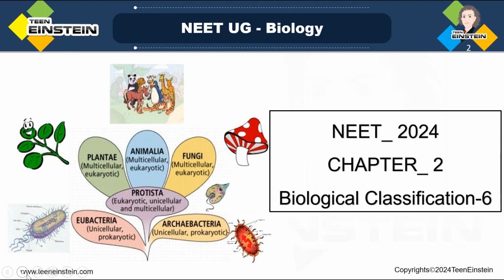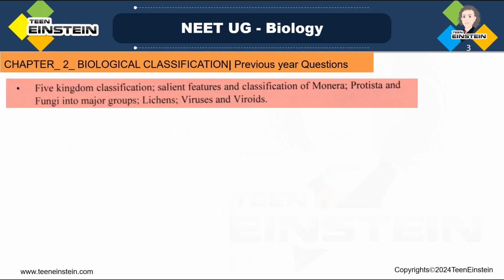So now we are learning about the second chapter, biological classification, and we have done a quick review about all the kingdoms: Protista, Monera, fungi, Animalia, Plantae. Now we are solving the previous year question papers in this part.